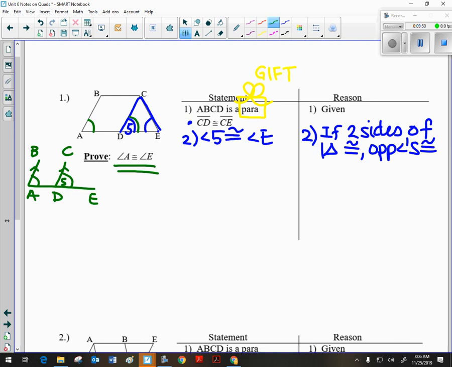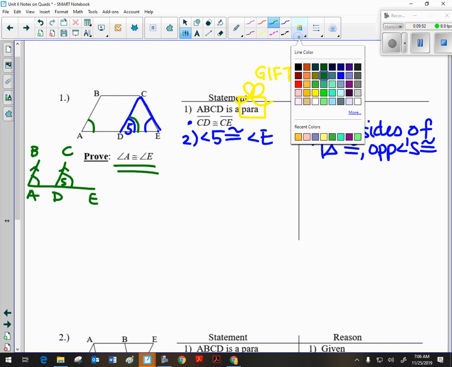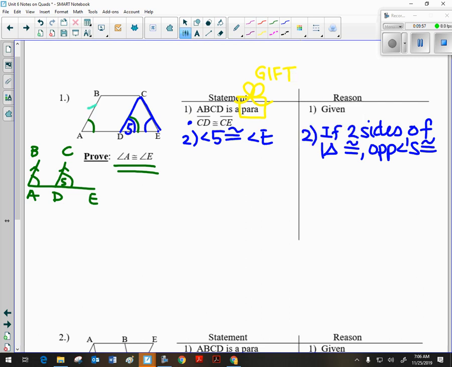So in this case, if there was a way, let's just think about this, a way for us to get these sides parallel, we could use the rule here that if lines are parallel, corresponding angles are congruent. Remember, out of this gift of a parallelogram, one of the things that we know is that opposite sides are parallel to each other.